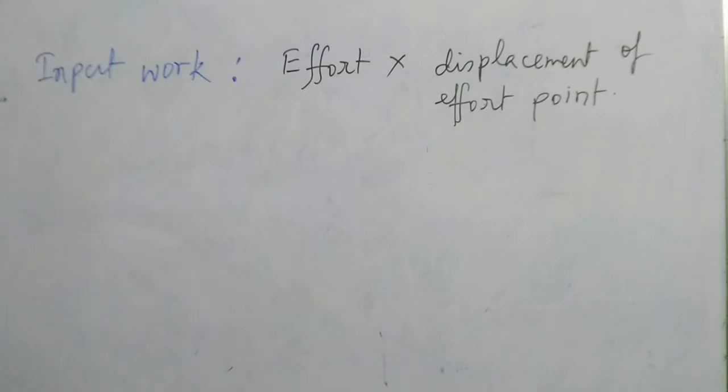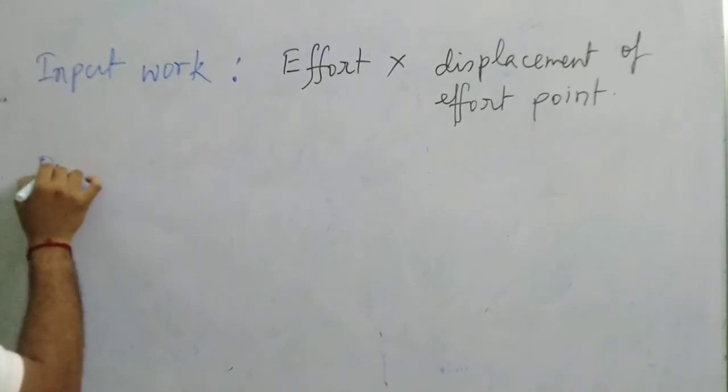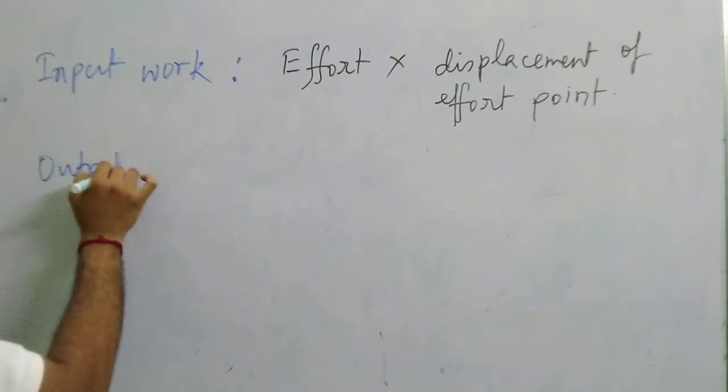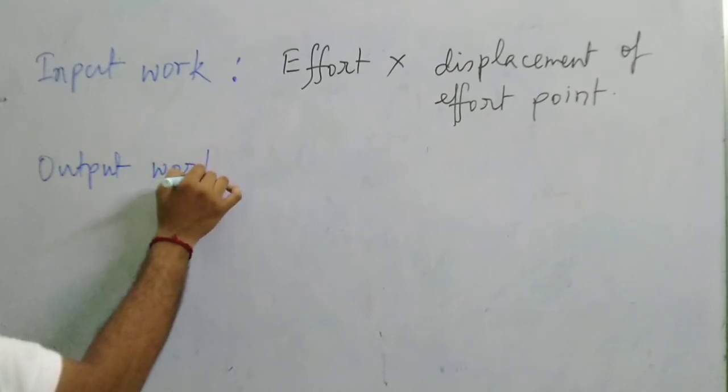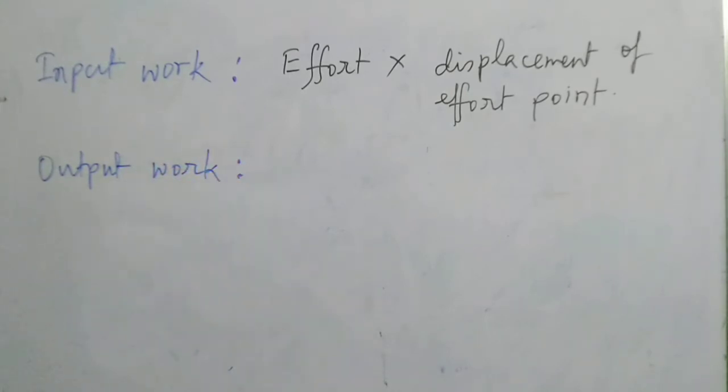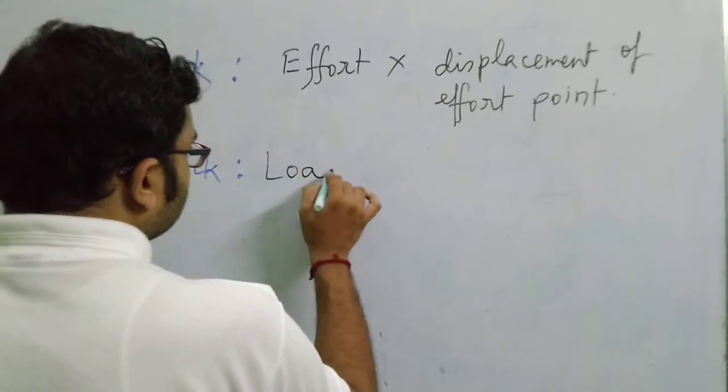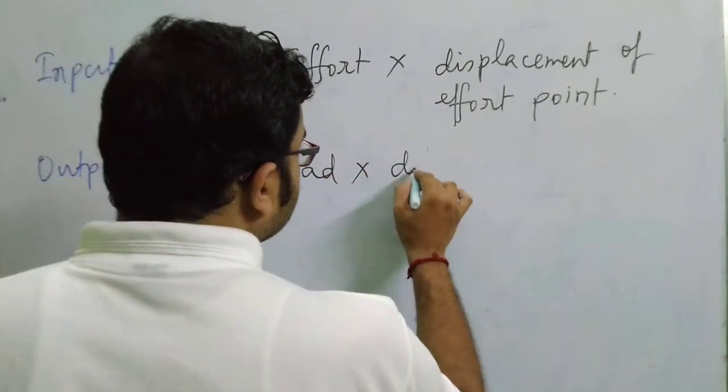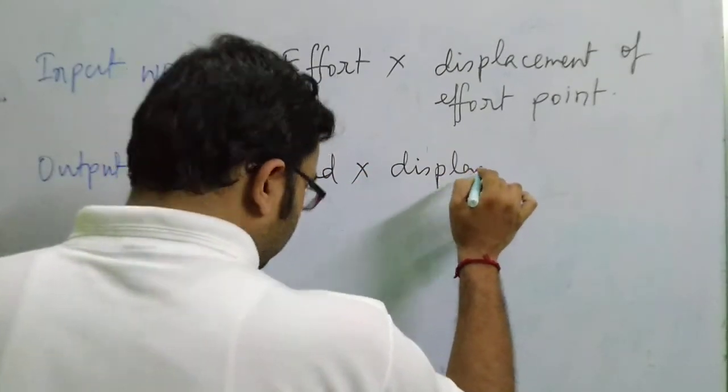Next term is the output work. So what is output work? I think you can guess from the definition of the input work that we get the output at the point which is called the load point. So simply, output work will be load into displacement of the load point.